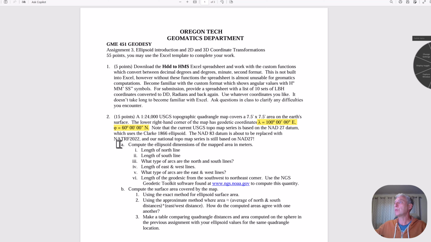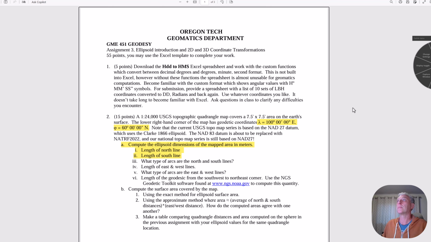And we're going to compute the ellipsoidal dimensions first. And we're going to find the length of the north line, the length of the south line. And just like in the spherical case, we're going to need to calculate the radius of the parallel of latitude, because we're looking for the length along the parallel, right? And that is slightly different, we discovered, with ellipsoids.